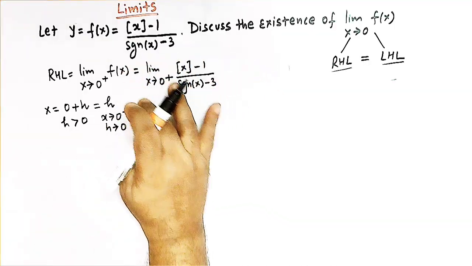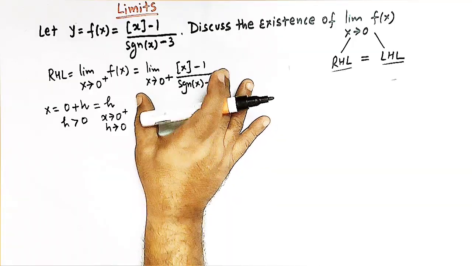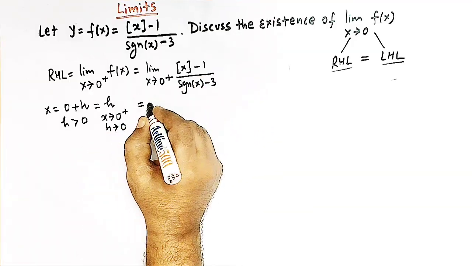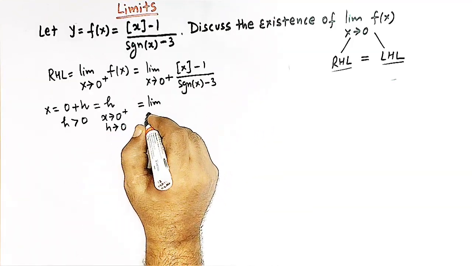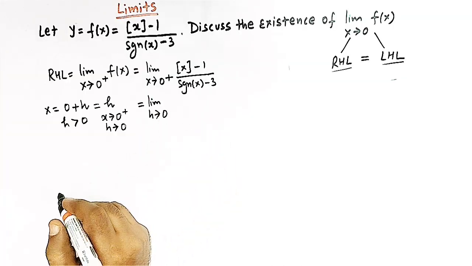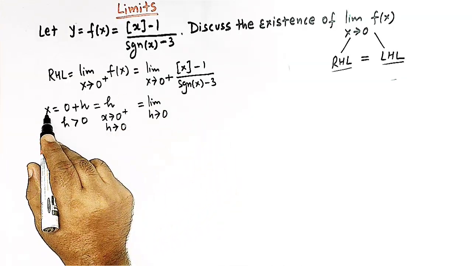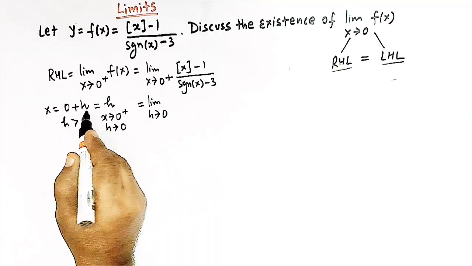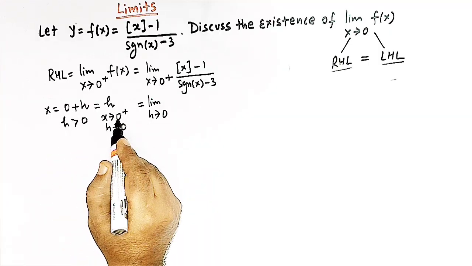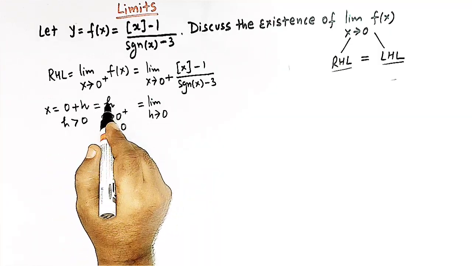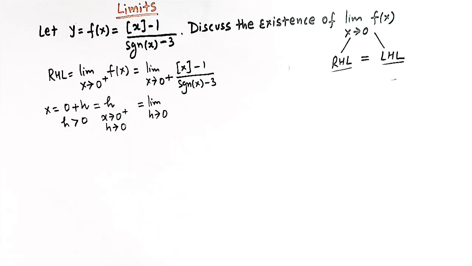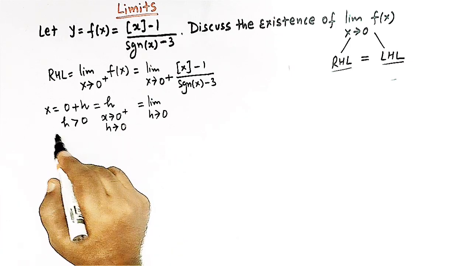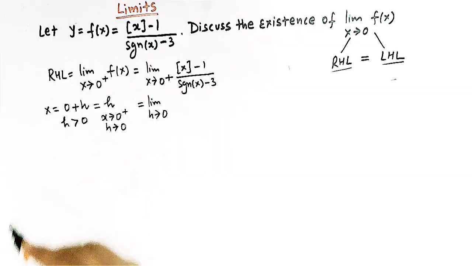So now we can write this expression in terms of h. So we have a limit, and here we have now h tends to 0, because we are taking x equal to 0 plus h, which is equal to h, and when x tends to 0, then obviously h also tends to 0. And remember, h is a positive quantity and it is infinitesimally very small.